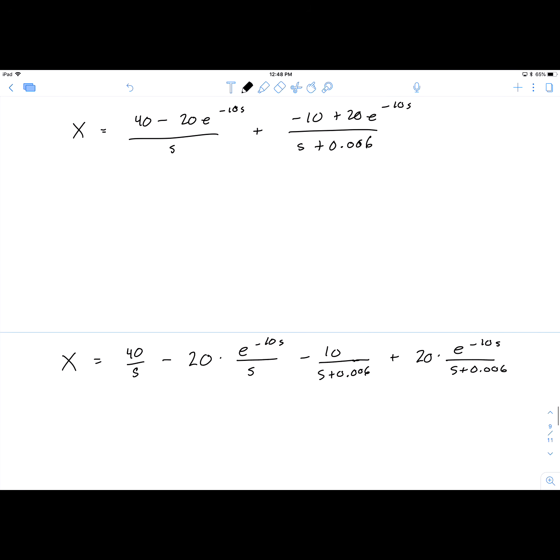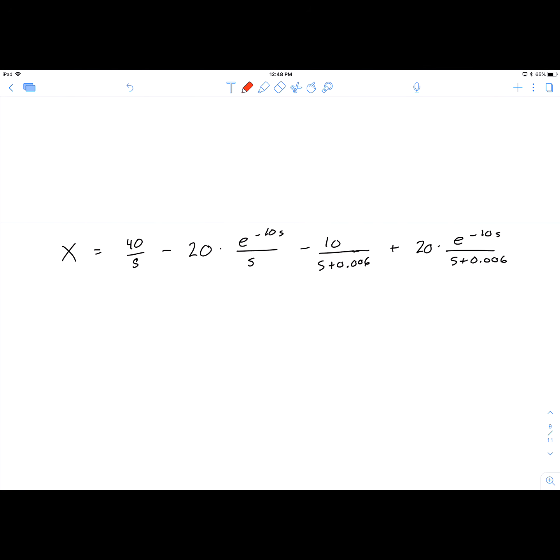Then we can take each piece one at a time. So again, I'm going to label these just for the sake of keeping track of everything.